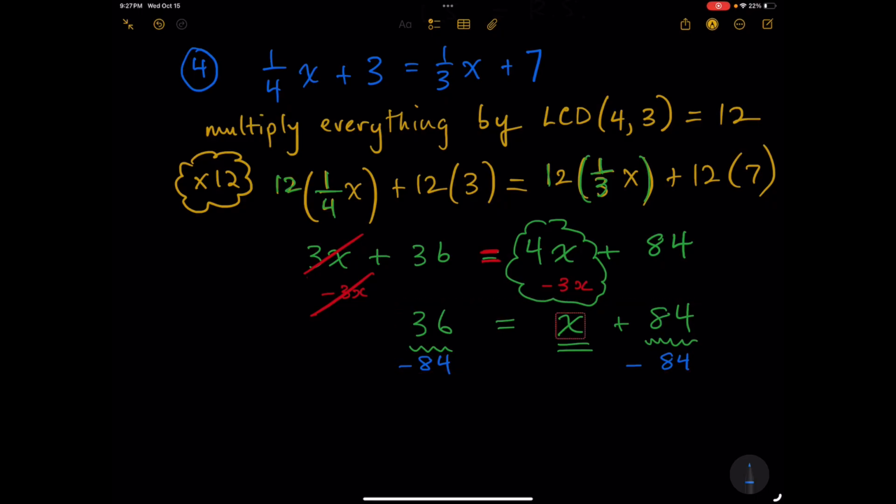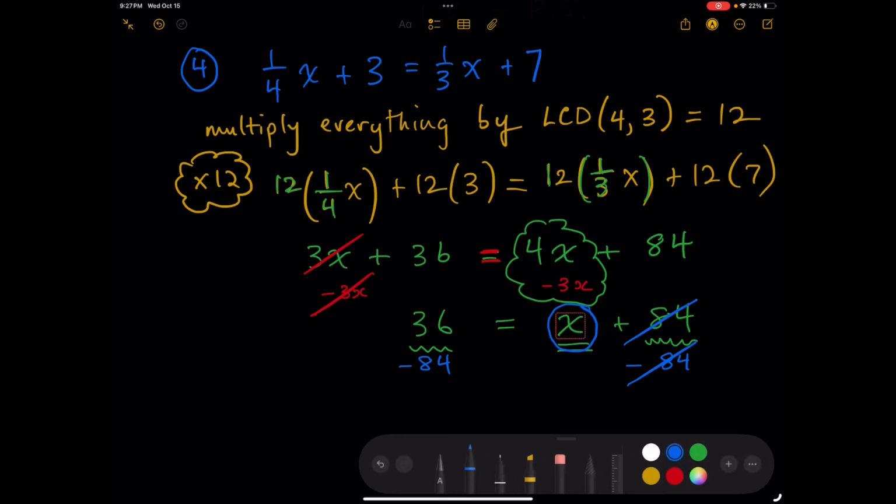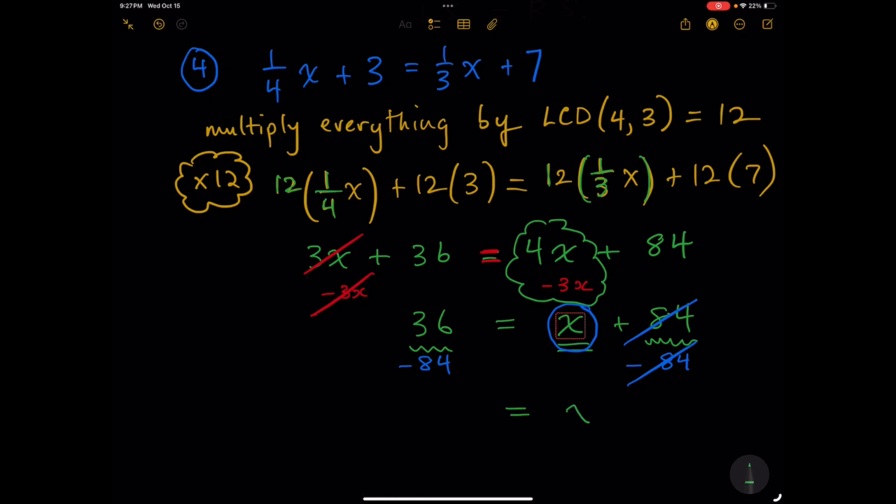Okay, and the reason being that what I've done is I've isolated the x. The plus 84 and the minus 84, they're eliminated. And so this equation is x on the right side, no problem, and on the left side, 36 take away 84.